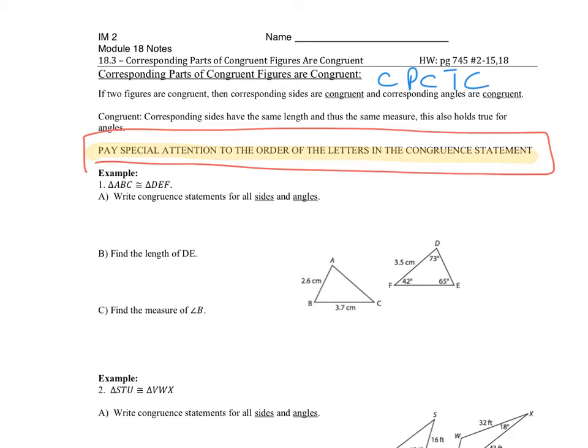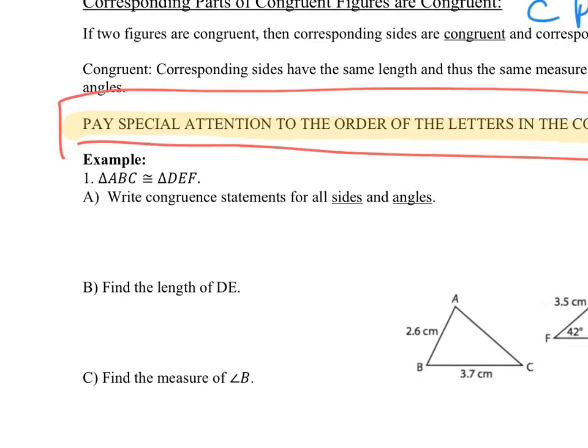Write congruent statements for all sides and angles, and we're given that triangle ABC is congruent to triangle DEF. Okay, so again, unless the diagram says that they are drawn to scale, you can't trust the diagram, and this is why paying attention to the congruent statement is huge.